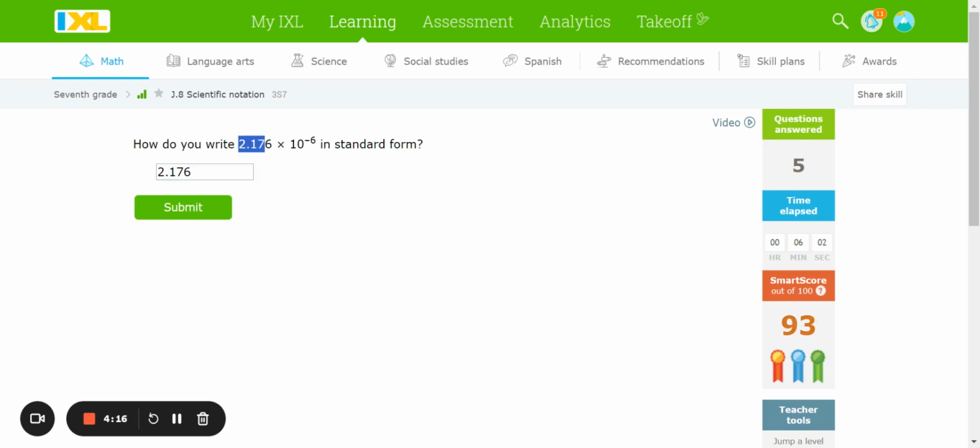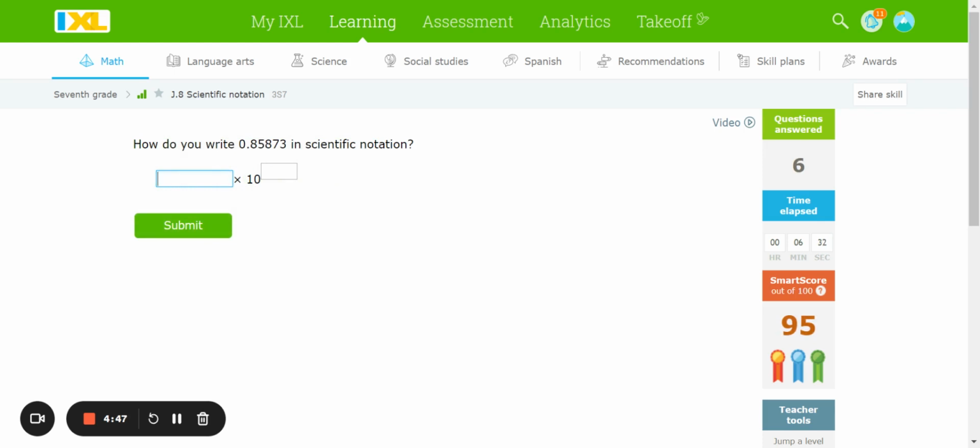So if this is the number that I'm starting out with, all I can do is just write 6 zeros in front. So I'm going to delete this decimal and put 6 zeros. 1, 2, 3, 4, 5, 6. Now, this trick only works if you put the decimal point in between the first 2 zeros. And again, it only works when you have a negative exponent, where you can just type in the amount of zeros that the exponent says.